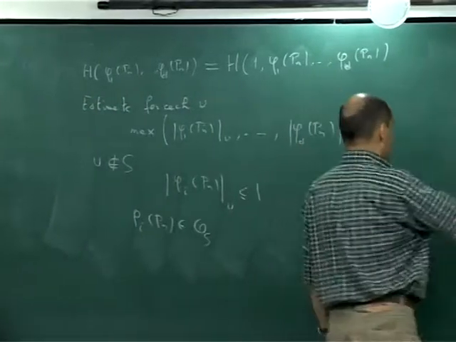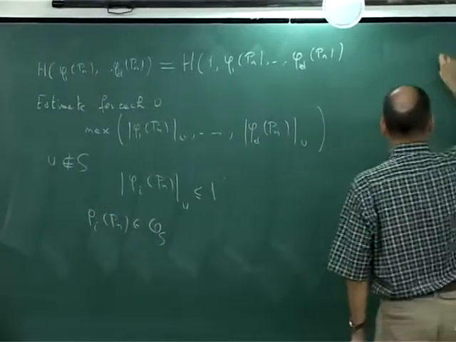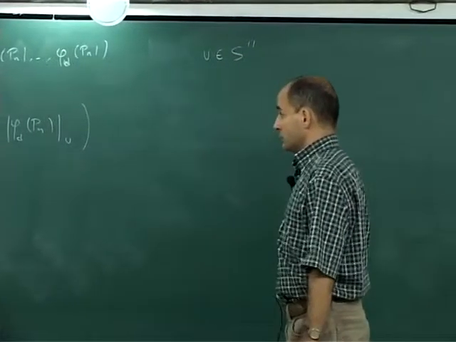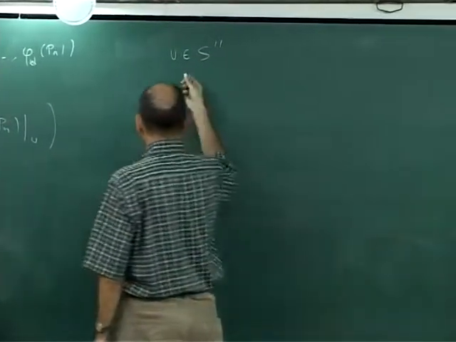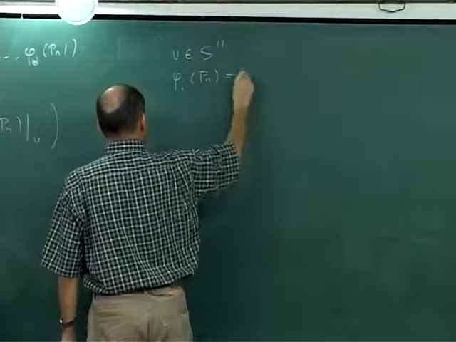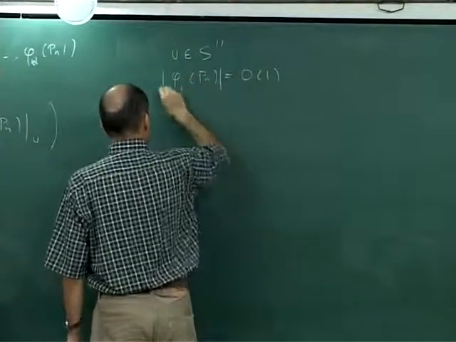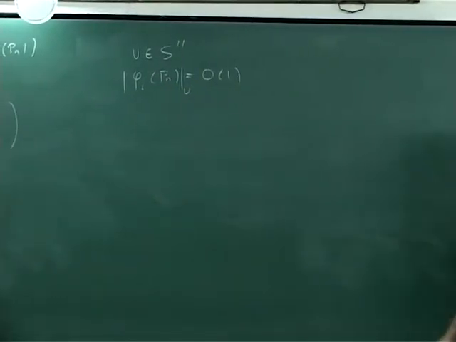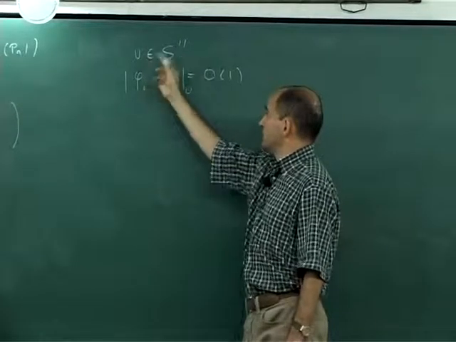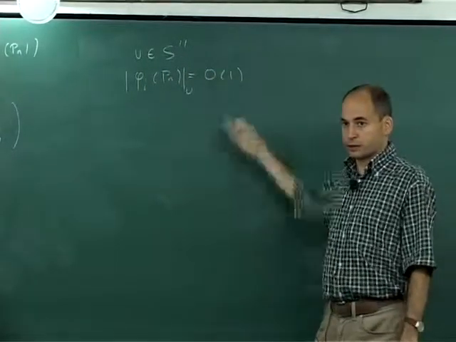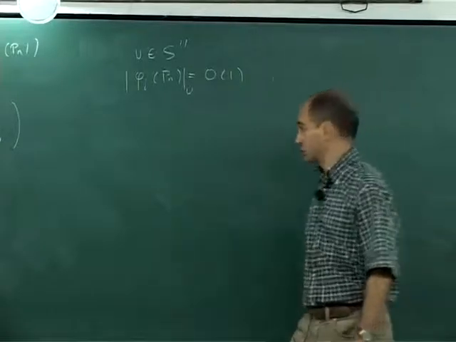Now for nu in S but not in S prime, so for nu in S second, as before, I said that phi I of Pn nu-adically is a big O of 1. And here I have just finitely many nu, so I can make a product of finitely many constants, obtain a constant.